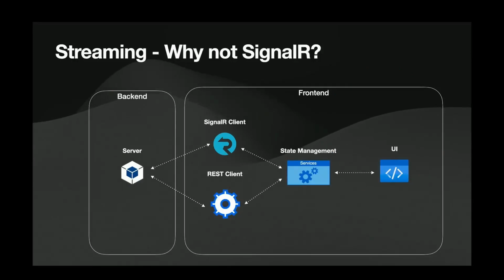So here's our solution with kind of a REST and SignalR setup. You've got your .NET Core server, a SignalR client in the front end that will subscribe to the SignalR hubs, and you've also got a REST client as well. And generally what you'd do is you'd wrap both of them in state management services.